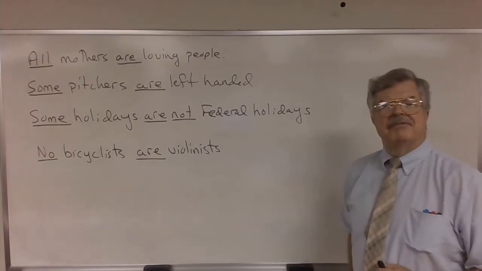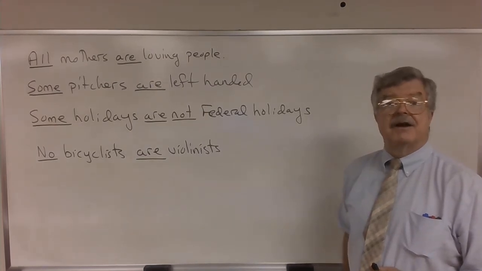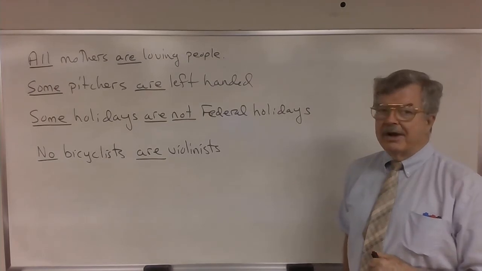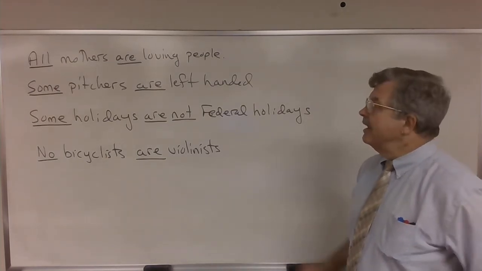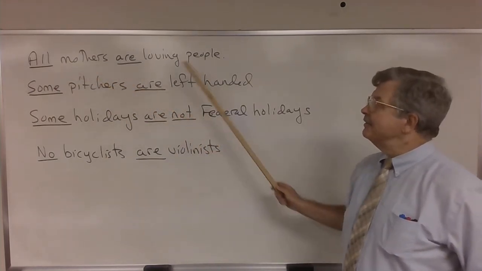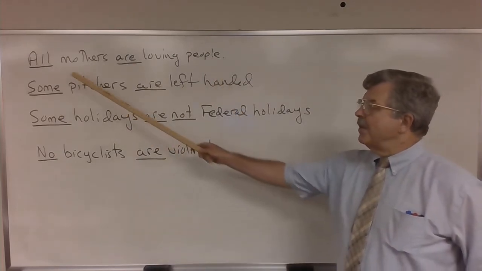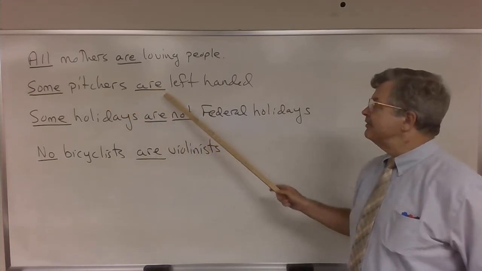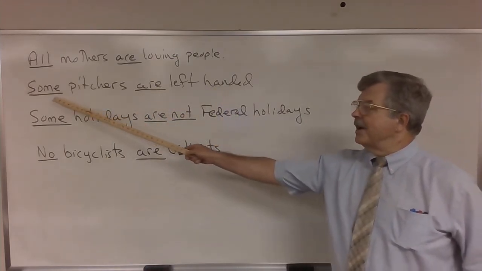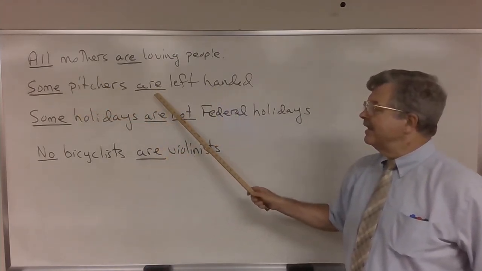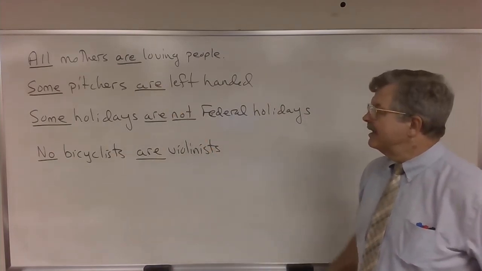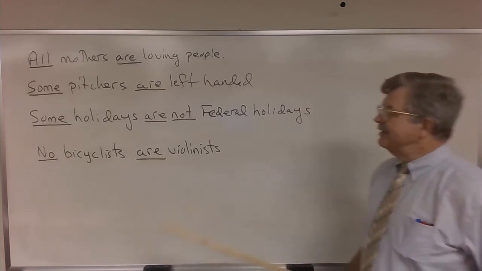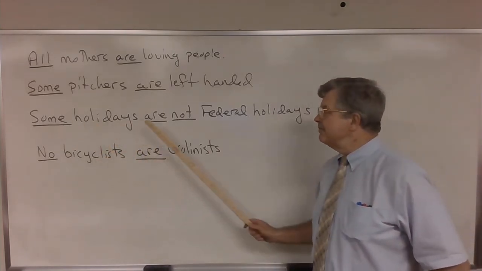Here's an example of how we might see quantifiers used in arguments that involve Euler diagrams. All mothers are loving people. The quantifier all and the verb are. Some pitchers are left-handed. The quantifier some and the verb are. Some holidays are not federal holidays. The quantifier some are not.